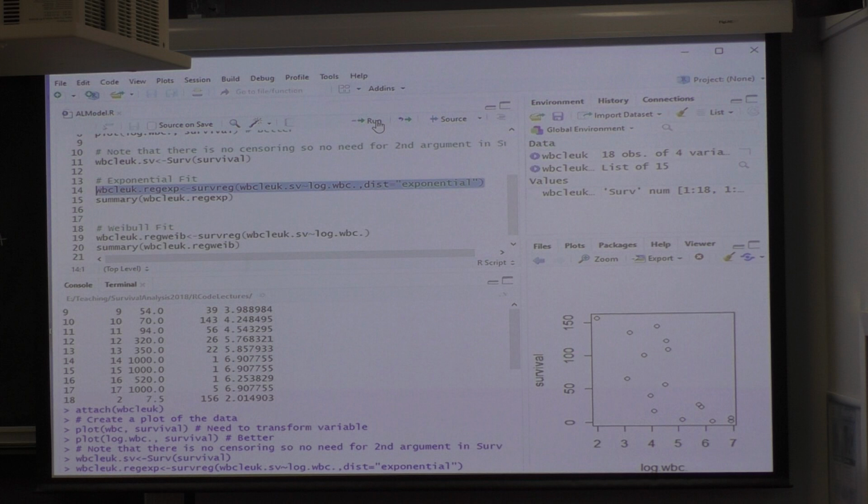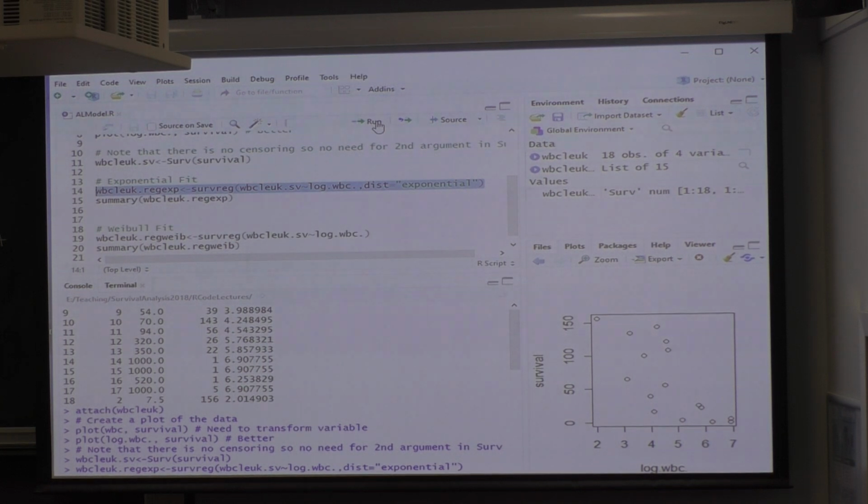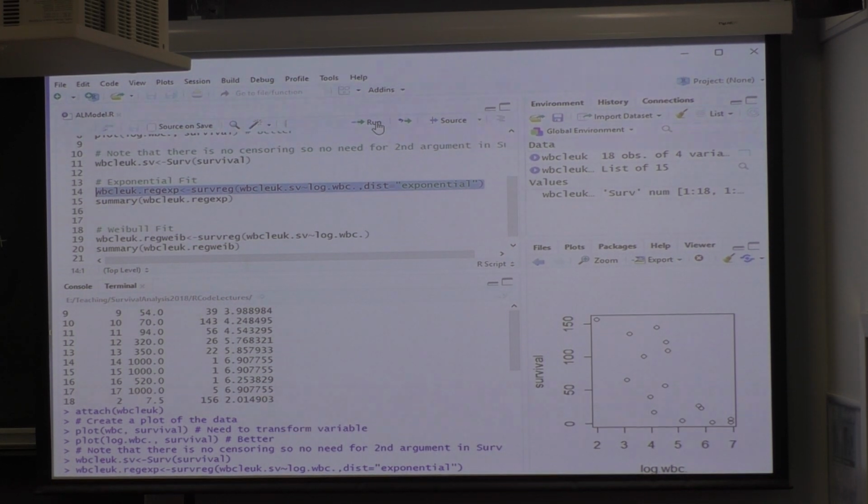So we're basically in this situation here. We're going to assume a baseline individual has an exponential distribution with rate lambda 0, and an individual with a particular white blood cell count is going to have a different rate parameter, but still be exponential.